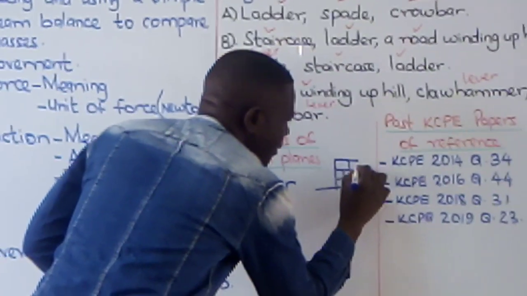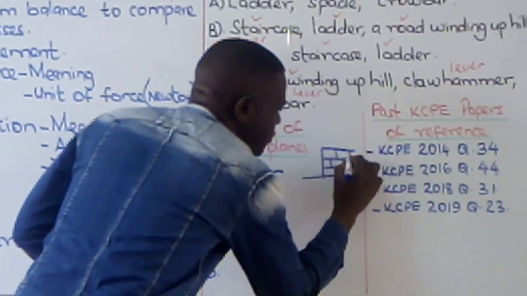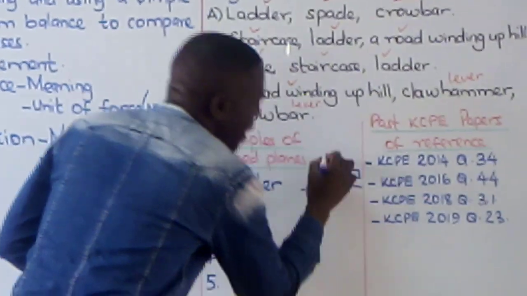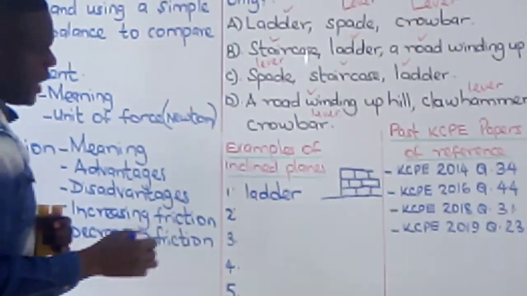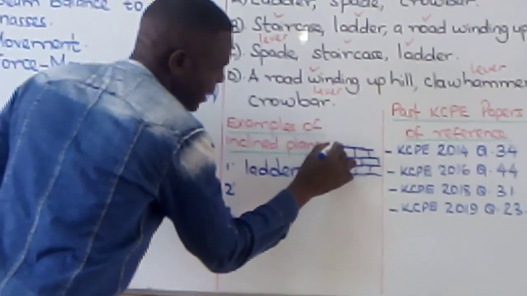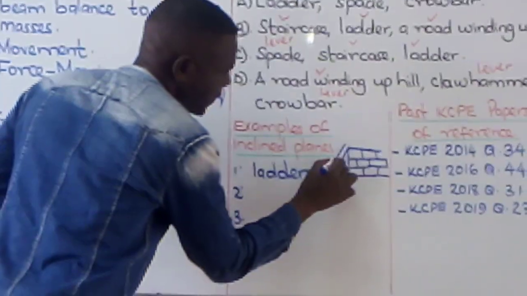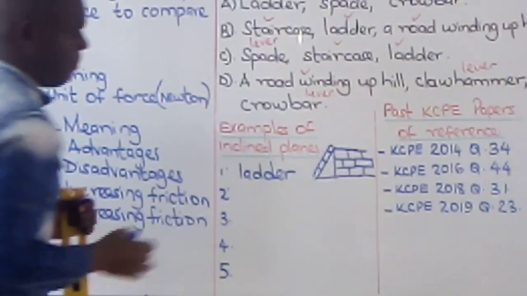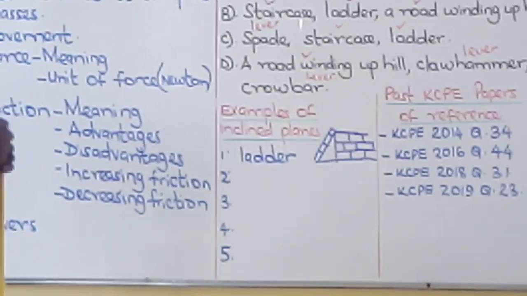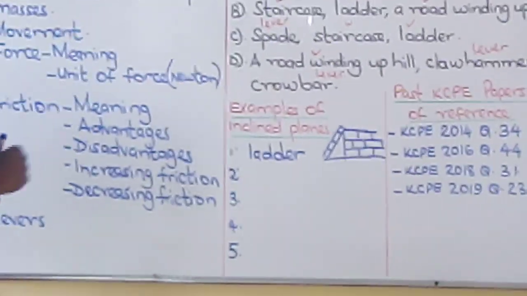Somebody wants to climb up the wall. You must place a ladder there, so that you can use it to go up. So that is a ladder. It's an inclined plane. It is inclined to some height above there.